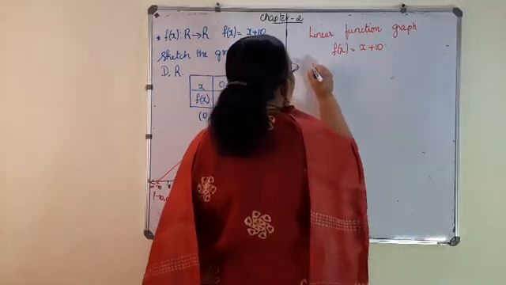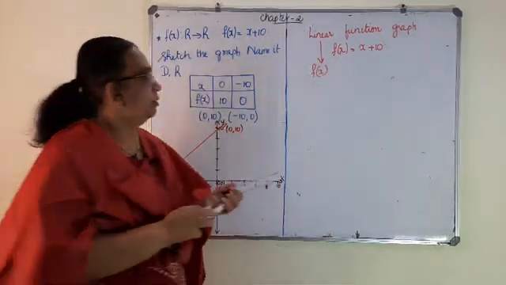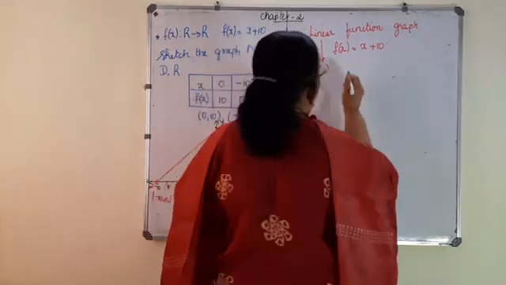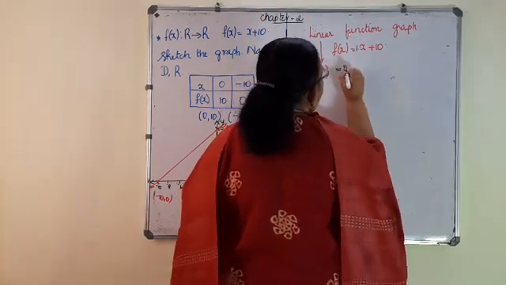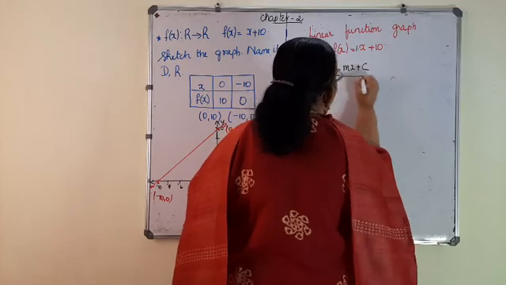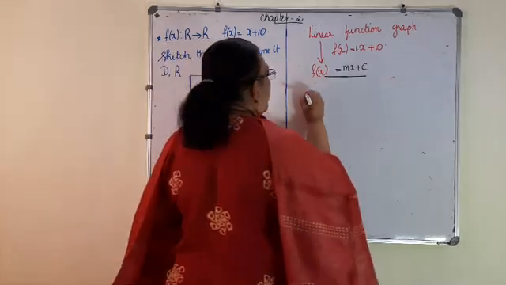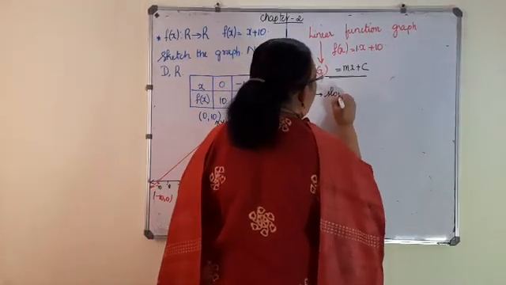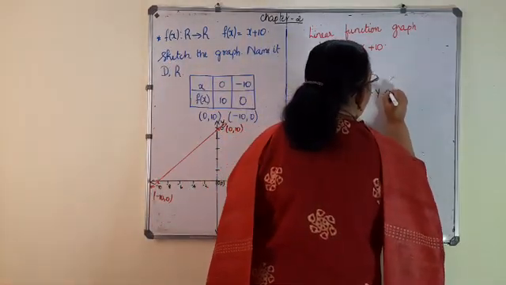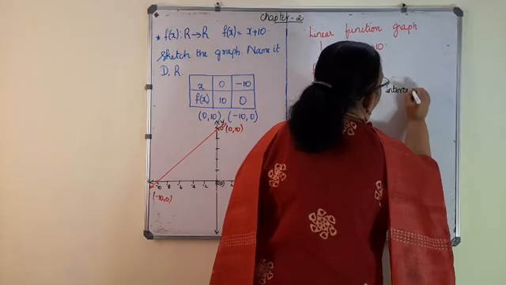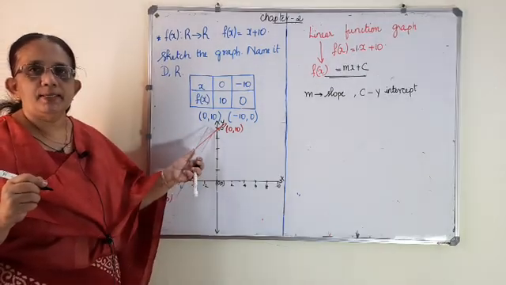So I can give a common form as f of x is equal to m into x plus c. Here the coefficient is equal to 1. M gives the slope, that is, the coefficient of x gives the slope, and c gives the y-intercept, that is where the graph cuts the y-axis.